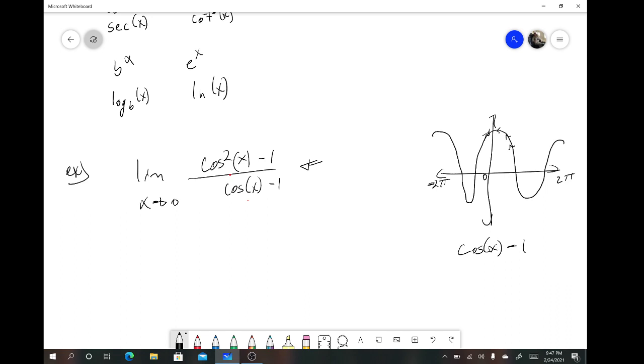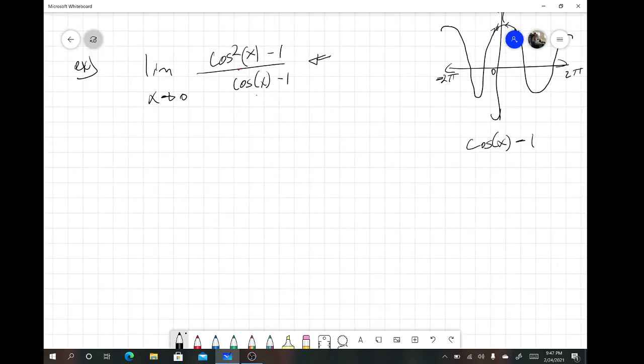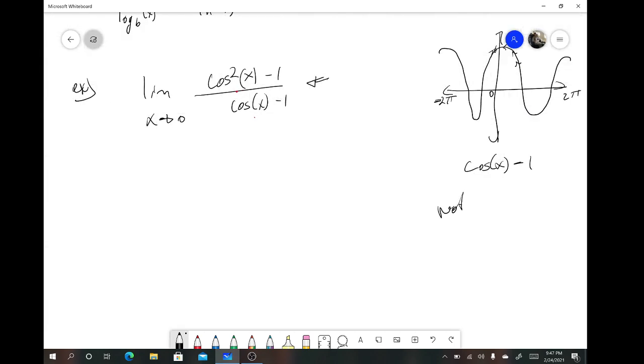And using that fact, let's see. So note, cosine of x as x goes to 0 is not 0. So I'm going to use that fact right now to simplify and cancel. I could do the limit as x goes to 0 of, notice that this is the difference of two perfect squares, because it's cosine squared minus 1, and 1 is the same thing as 1 squared.